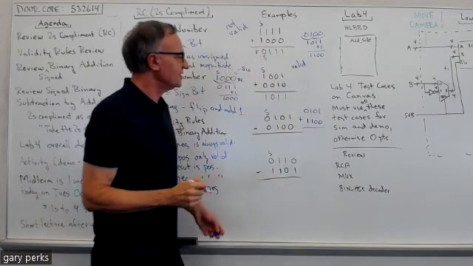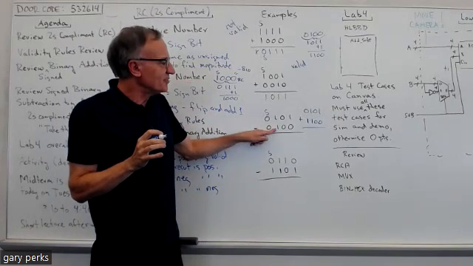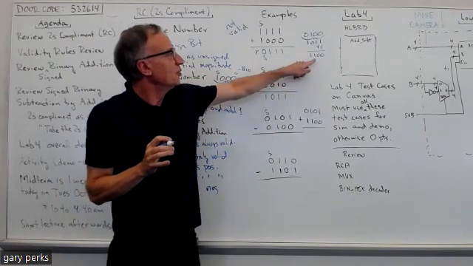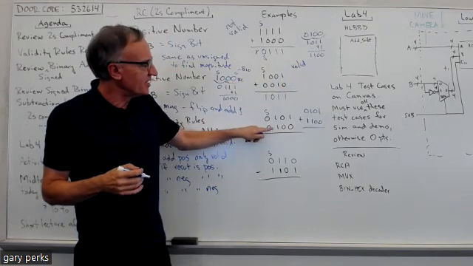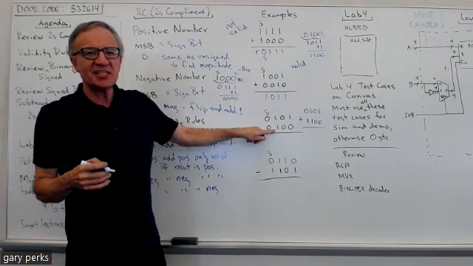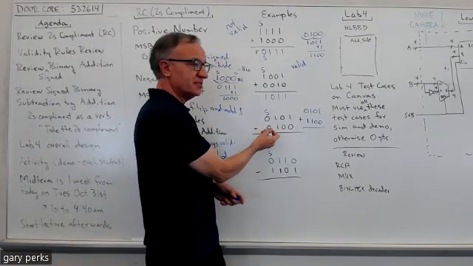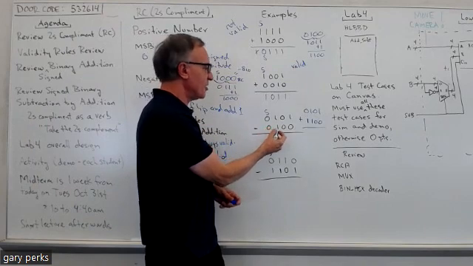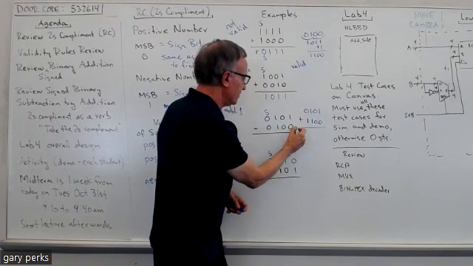Before we do this addition, let's prove that by taking the two's complement of this, we got the negation of this. So what is this in base 10? 0, 1, 0, 0. Positive 4, because the 0 sign bit tells us it's positive, and then this is 4. So this here is plus 4.